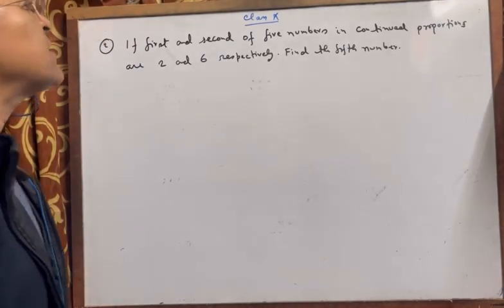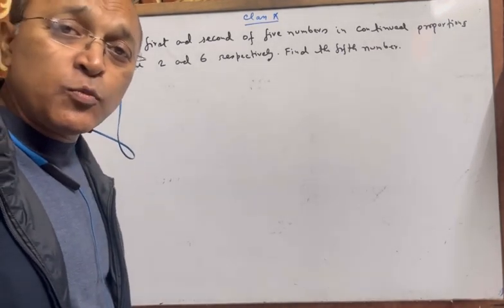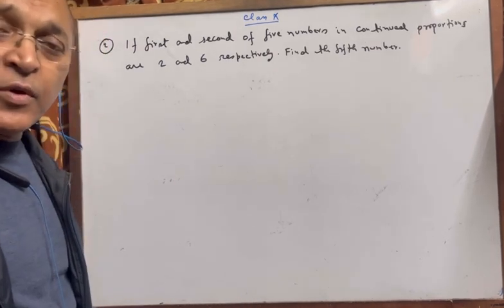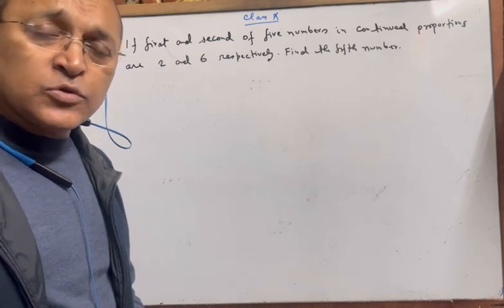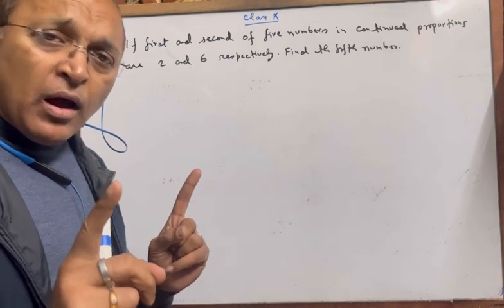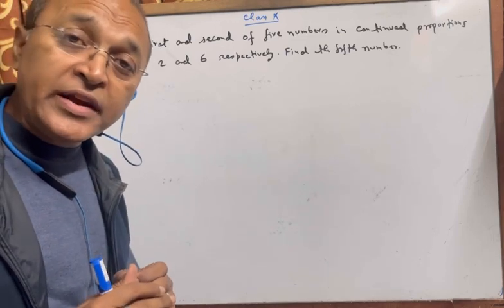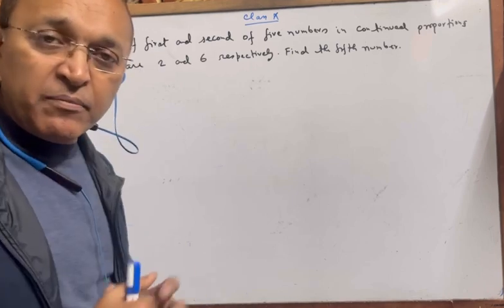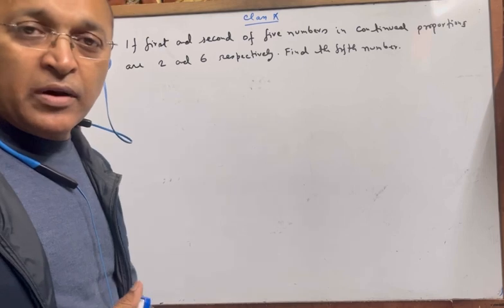If the first and second of 5 numbers in continued proportion are 2 and 6, we have to find the fifth number. So what is given? Out of 5 numbers which are in continued proportion, the first 2 are given, we have to find the fifth number.